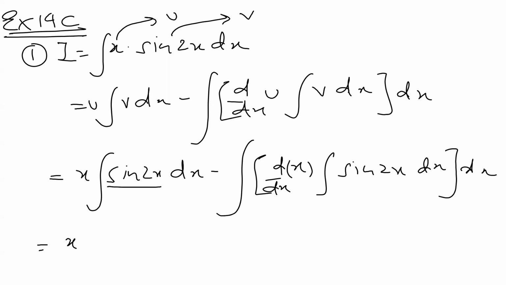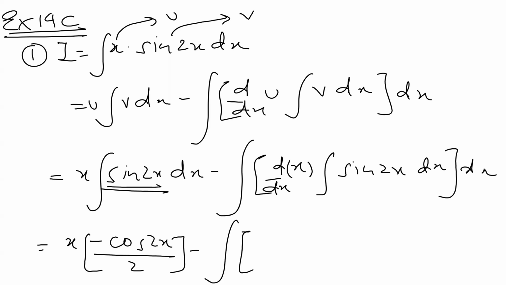So x, integration of sine is minus cos 2x upon 2. There is 2 in the denominator because of the chain rule. Chain rule in integration, okay? This is 1, minus cos 2x upon 2.